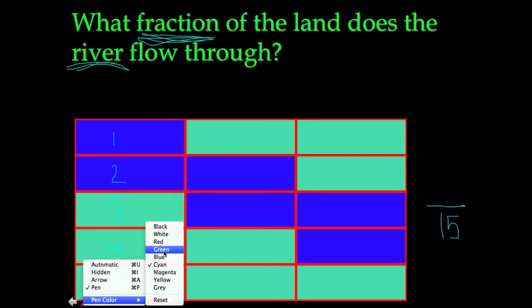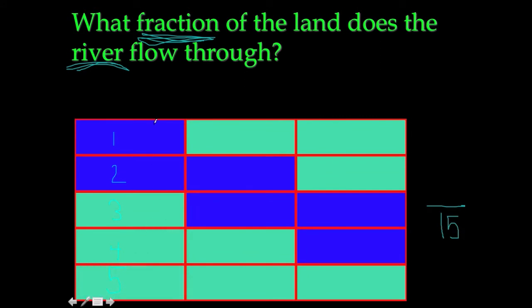I'll count the blue pieces with a white pen. So here we have 1 blue piece, 2 blue pieces, 3 blue pieces, 4 blue pieces, 5 blue pieces, and 6 blue pieces.